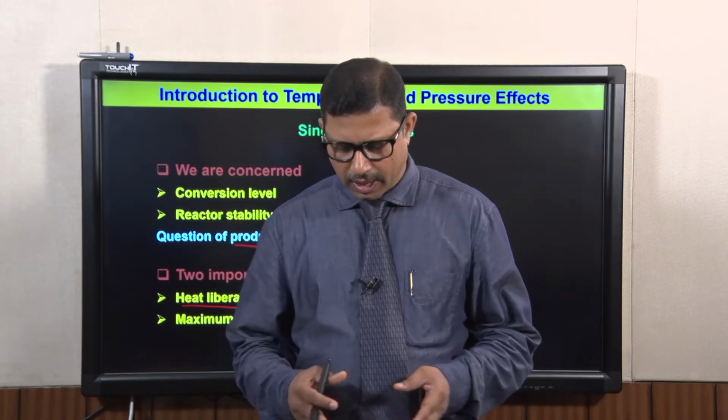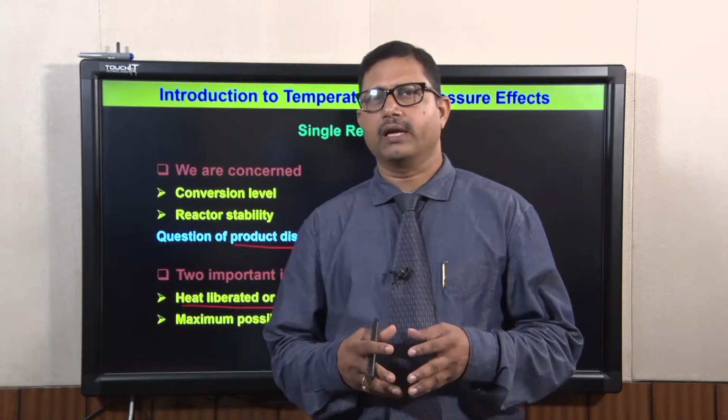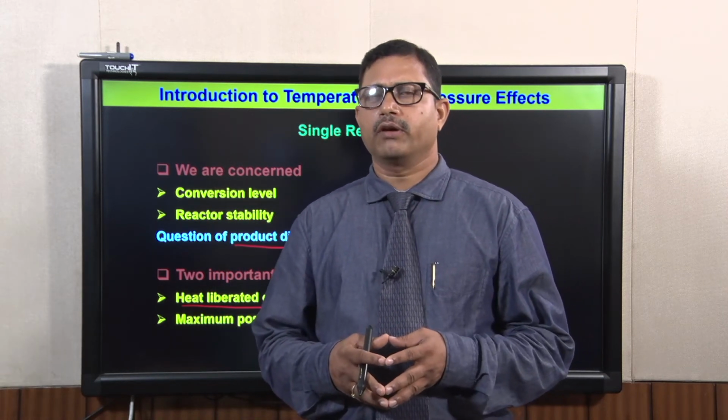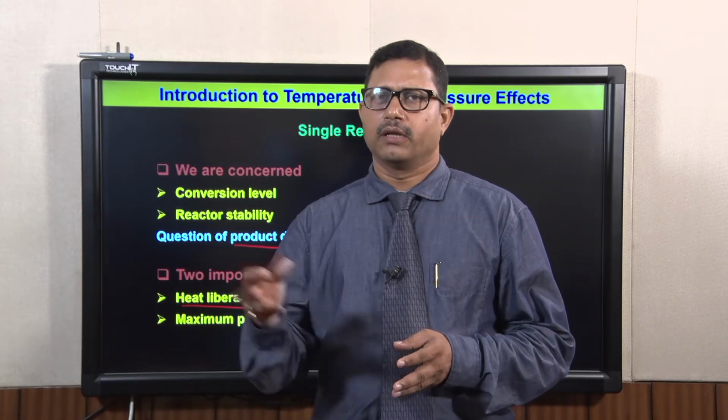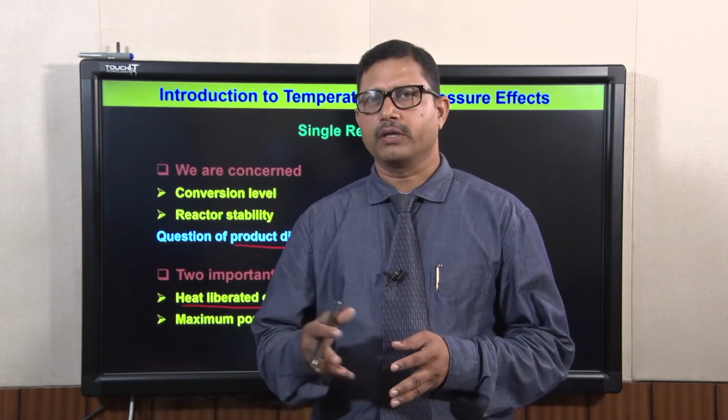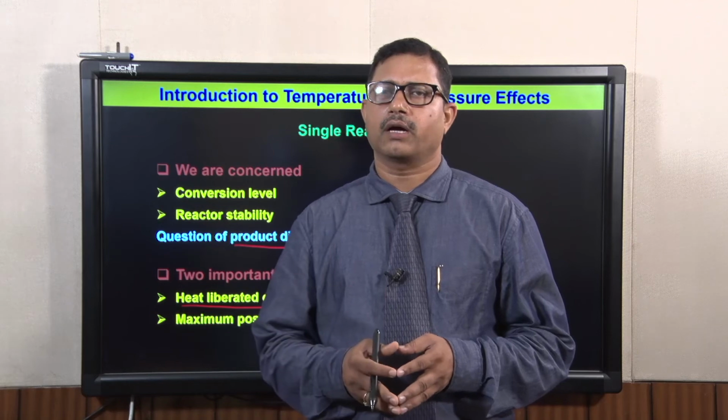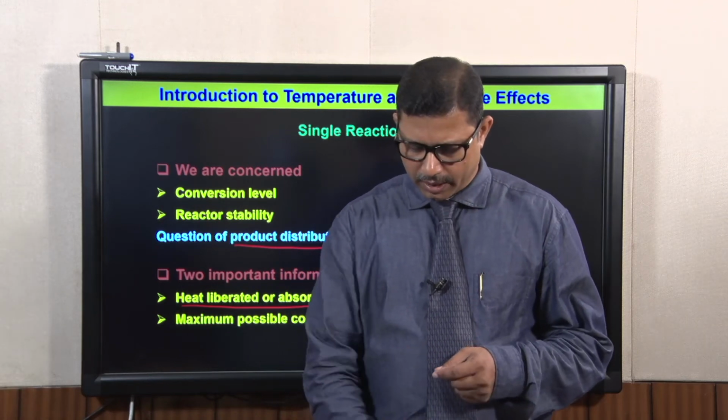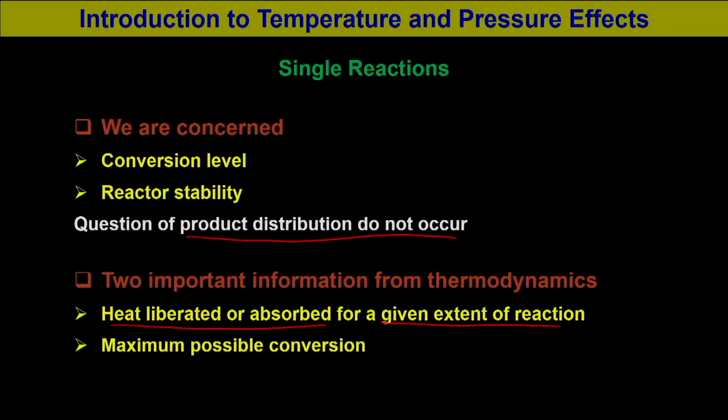This generally happens in case of irreversible reactions, the increase of temperature will increase the conversion level, whereas in case of reversible reaction there is some equilibrium conversion at particular conditions. So, what would be the maximum possible conversion that we can obtain from the thermodynamics?